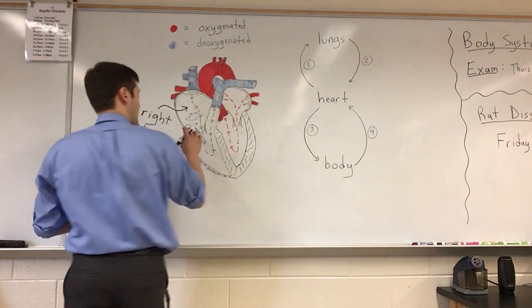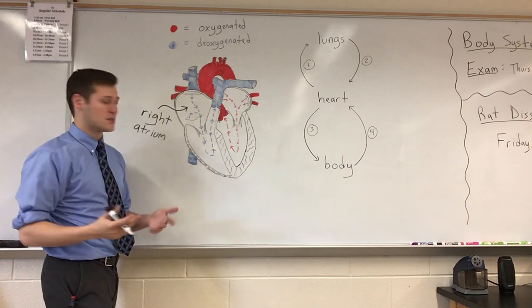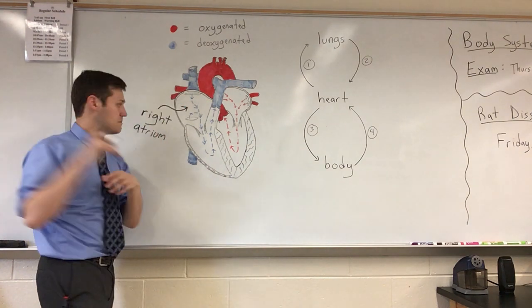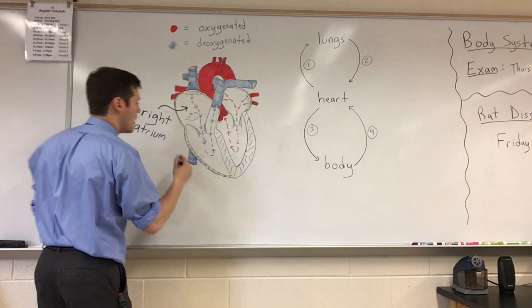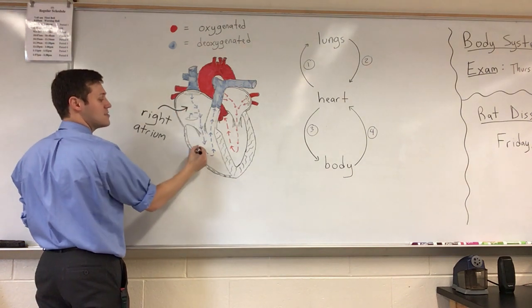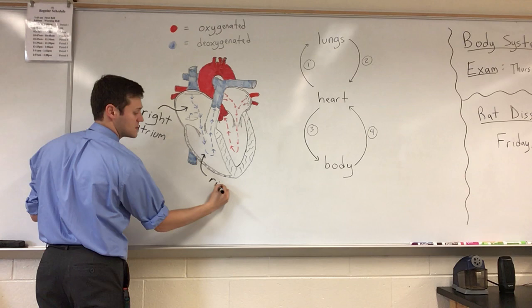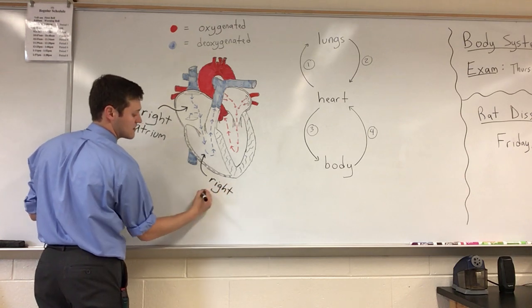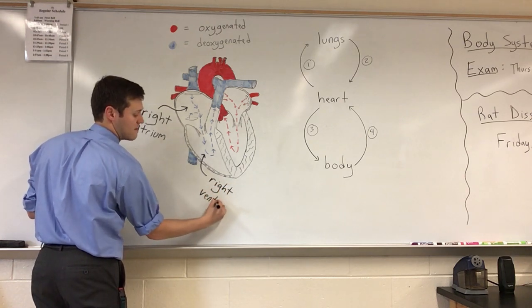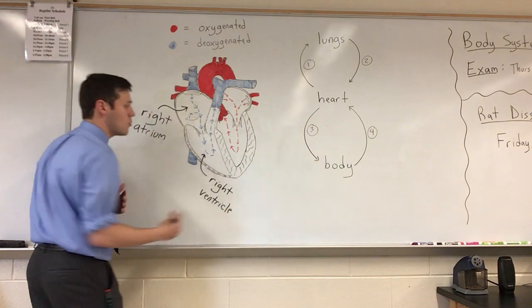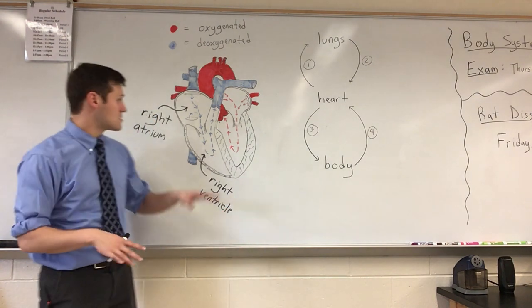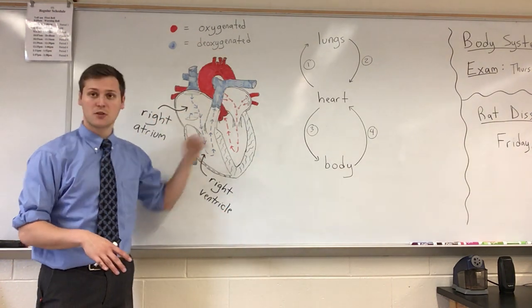So, we have the right atrium, which is in the upper right-hand side, according to the person. The blood will pass down into the right ventricle. So again, we have 4 chambers, 2 atria and 2 ventricles.